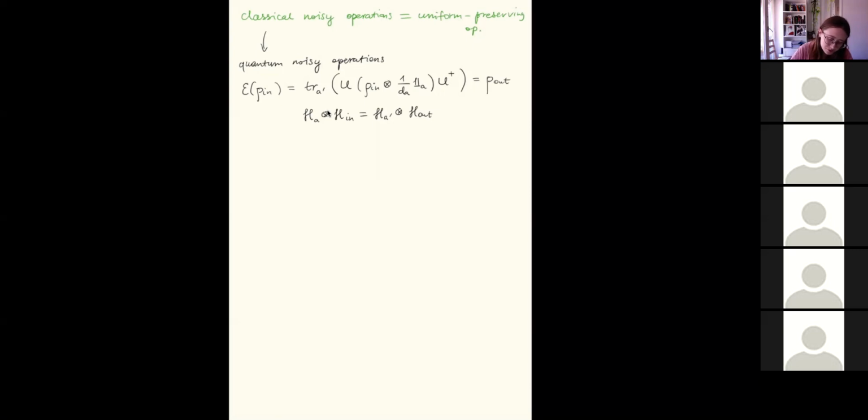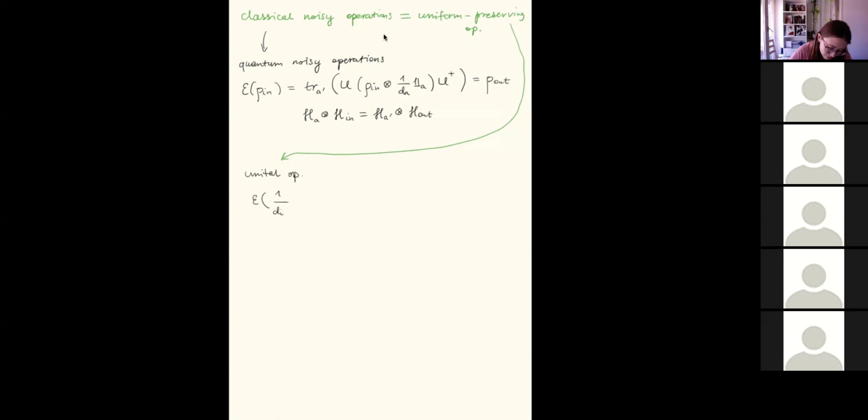Also, there is an analog of the uniform preserving operations, which are the so-called unital operations. And here, instead of mapping a uniform distribution to a uniform distribution, we have the mapping of a maximally mixed state to a maximally mixed state.